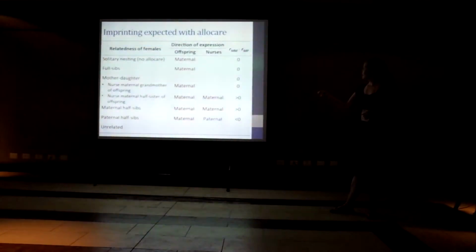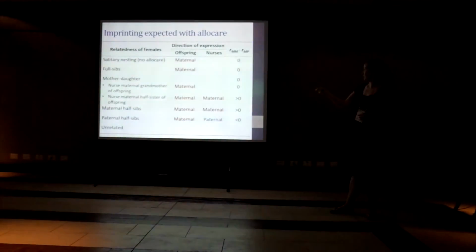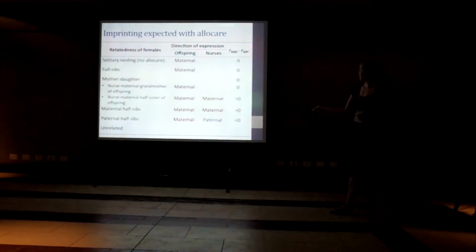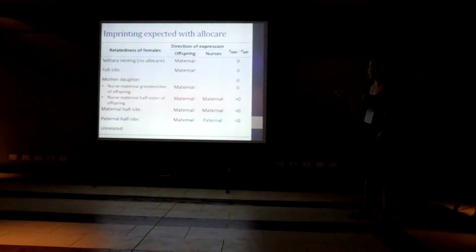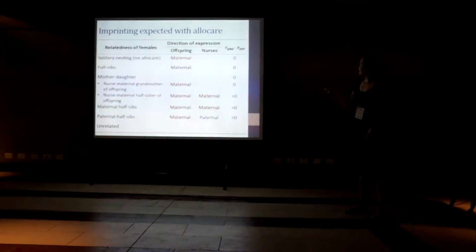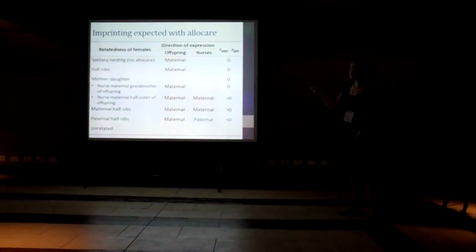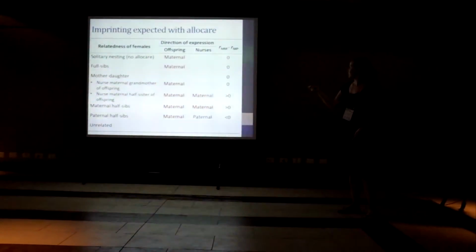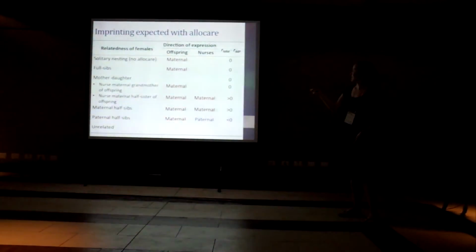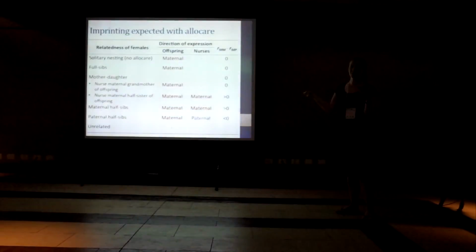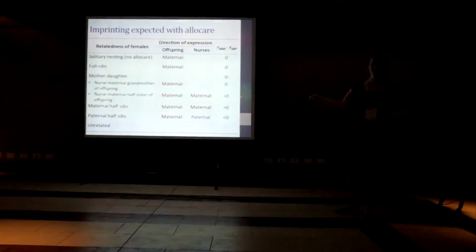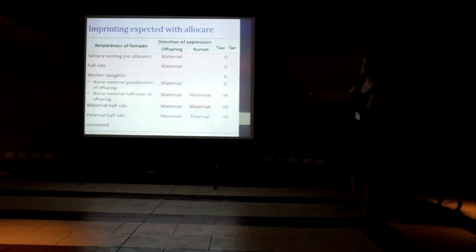In the nurses, we can see there's a difference. There are some situations where we don't expect imprinting, and then there are these three at the bottom where we do, and the difference in these is explained by this asymmetry in relatedness. The asymmetry that I've shown here is always referring to their relatedness with the maternal allele in the offspring. They're always related to the offspring through the maternal allele, not the paternal allele, just because of the examples I've used here.